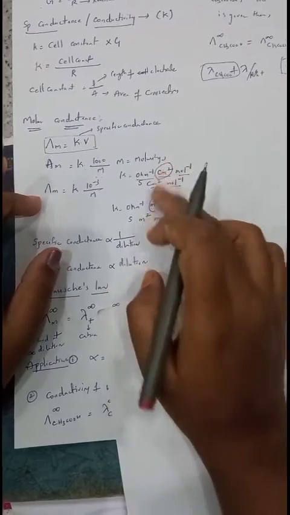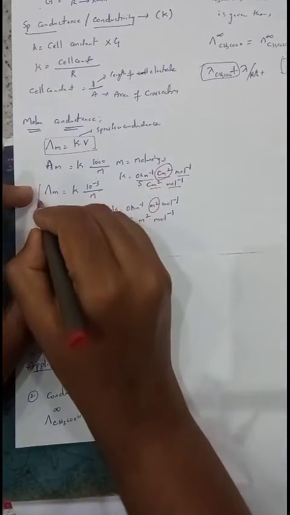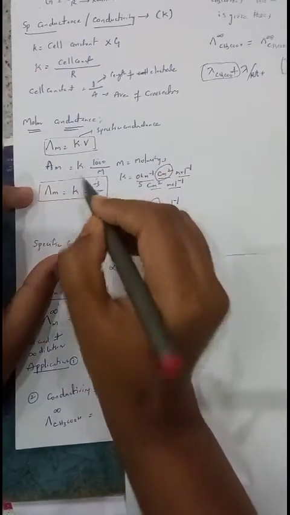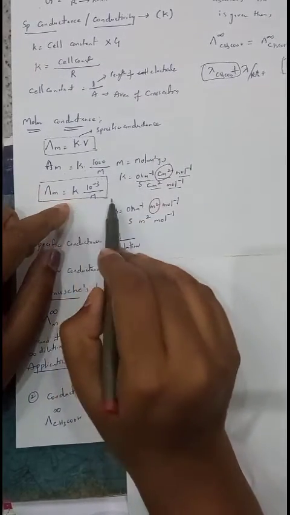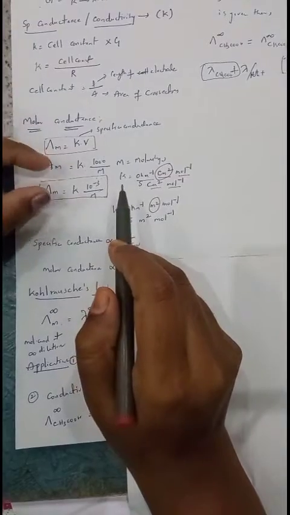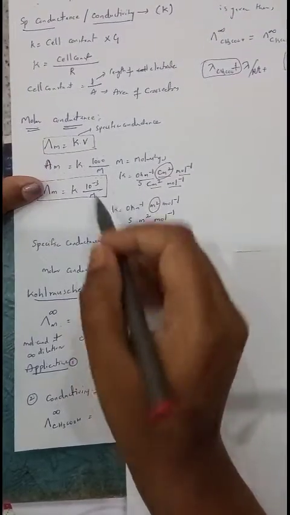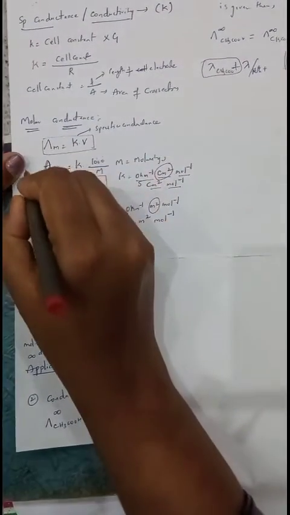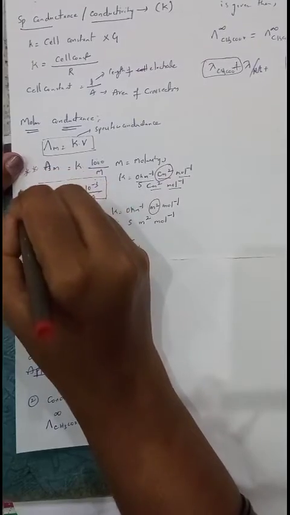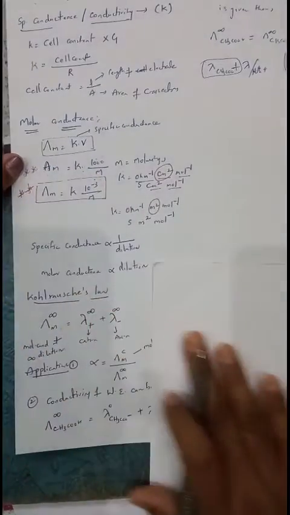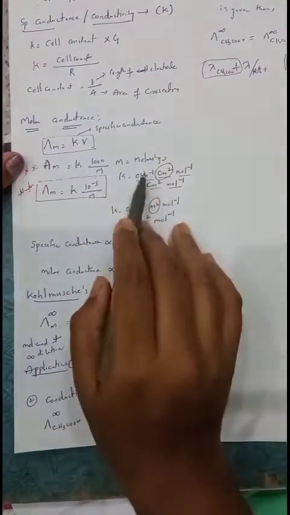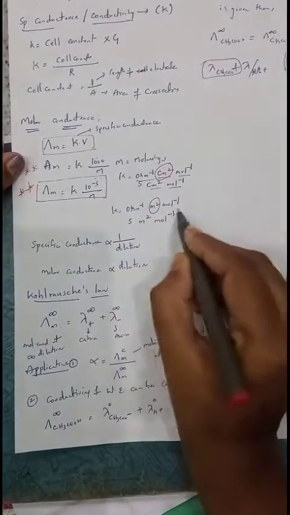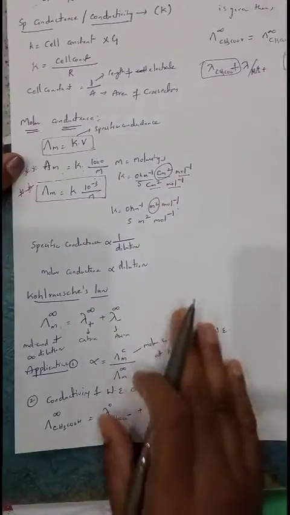So whenever the units change, the formula to calculate molar conductivity also changes. Either formula can be used to calculate molar conductance, which is very important for both NEET and JEE. Based on the units of K, we can use either formula.